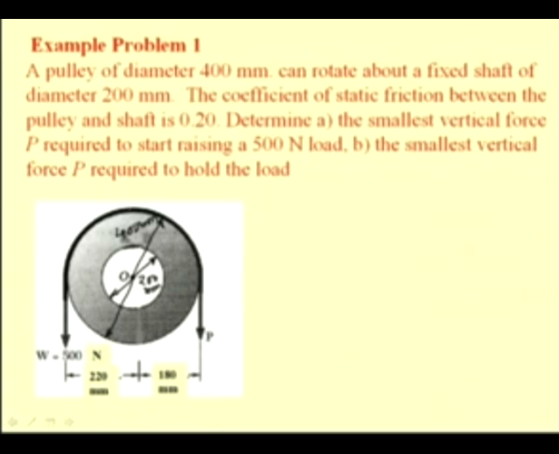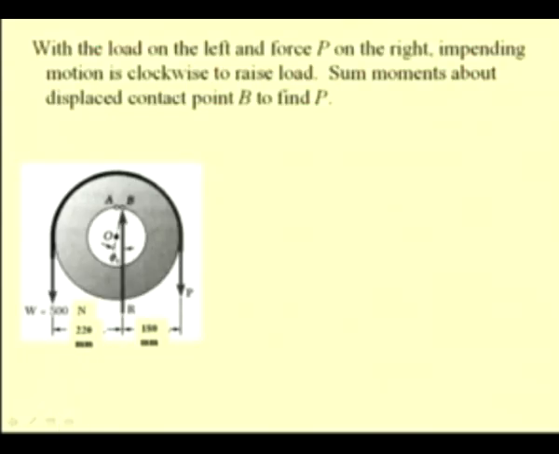So, for the first case, let us draw the free body diagram. When this P tends to lift the weight W, the impending motion is clockwise. That means this pulley tends to move in the clockwise direction over the axle or the shaft.